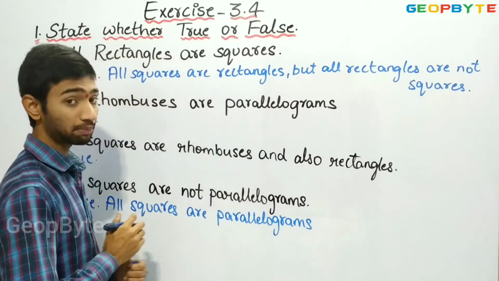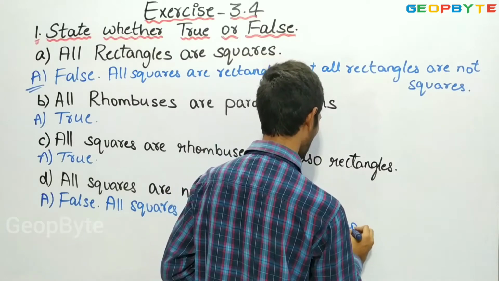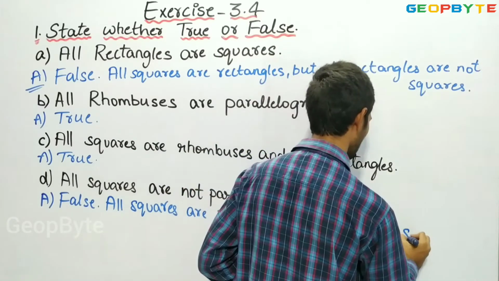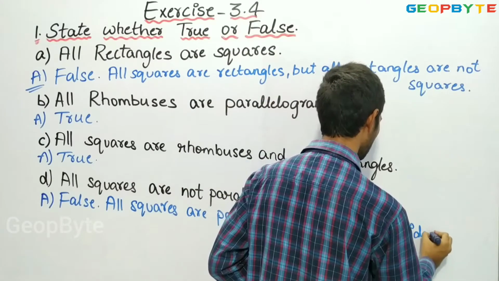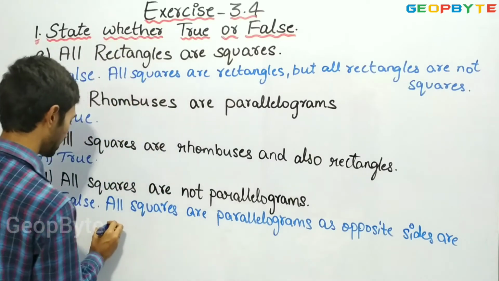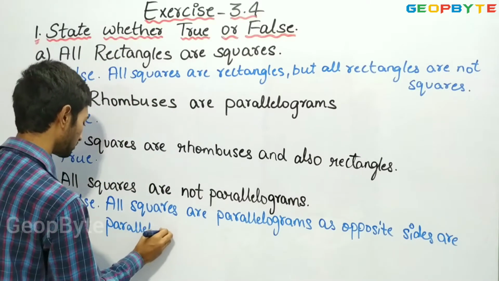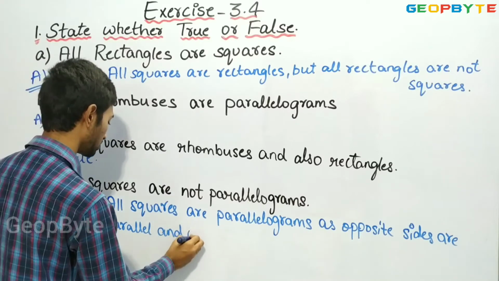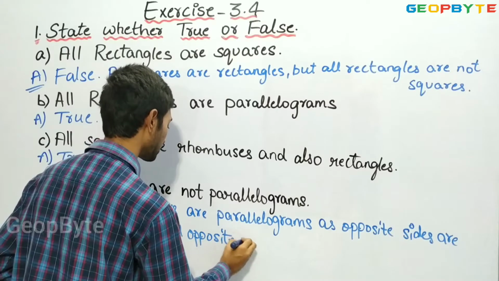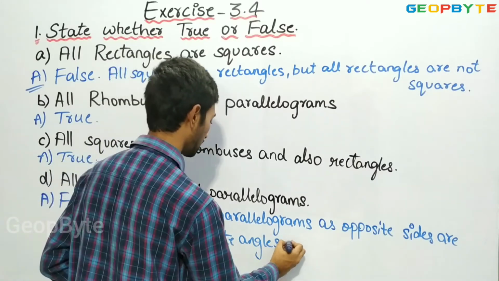All squares are parallelograms as opposite sides are parallel and opposite angles are equal.